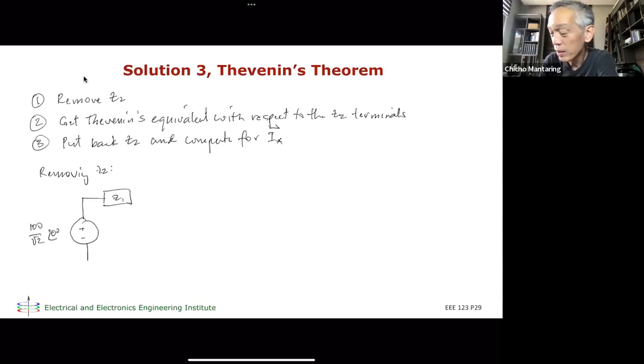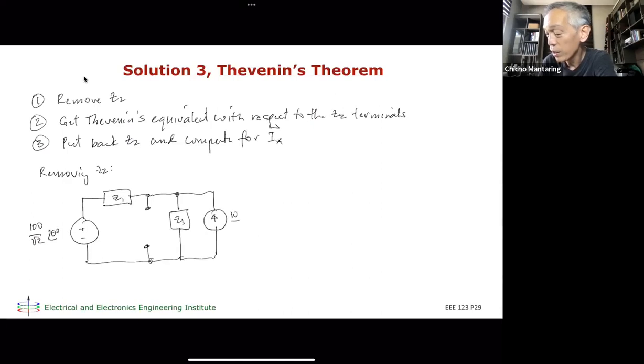This is Z1. I removed Z2. Then I have Z3, and then I have 10 over the square root of 2 at an angle 30 degrees. So I have to get the Thevenin equivalent with respect to these two terminals.